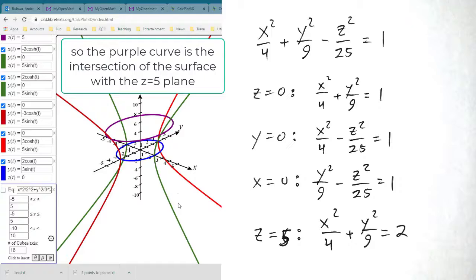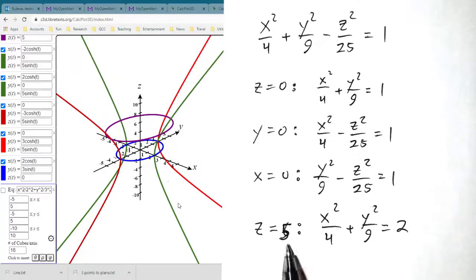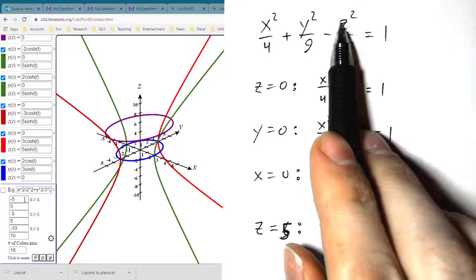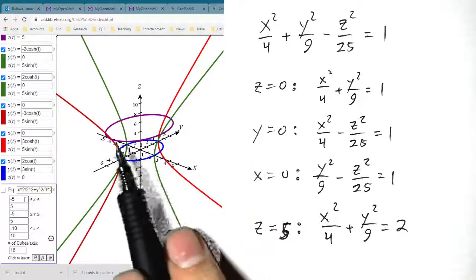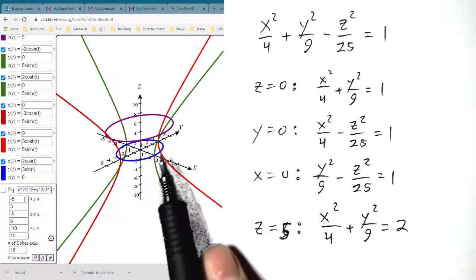And so by adjusting the value of our trace number here, we can look at the intersections of the surface on different planes, right? You don't have to use 0. And you could do z equals negative 5 too, and you'll see you get exactly the same thing because z is squared here, right? So you could imagine this same purple ellipse here down a little bit lower.